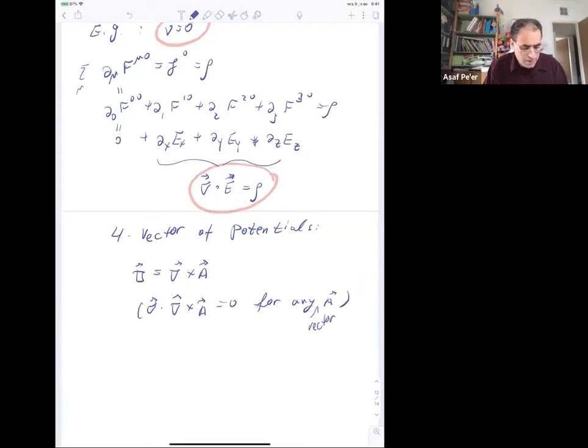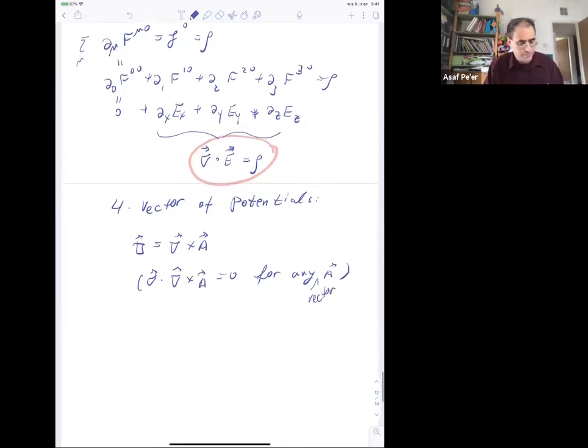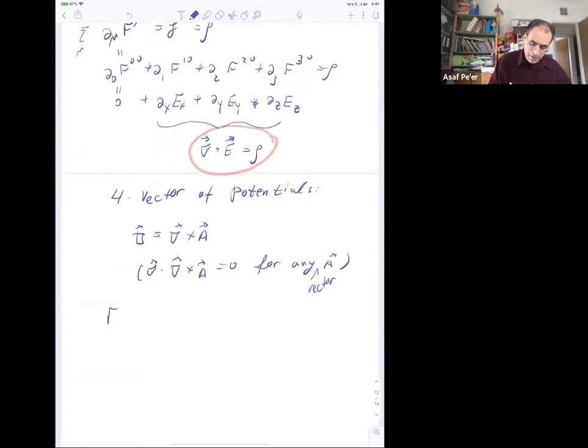So we can use this in Faraday's law: ∇×E plus ∂tB is equal to 0.